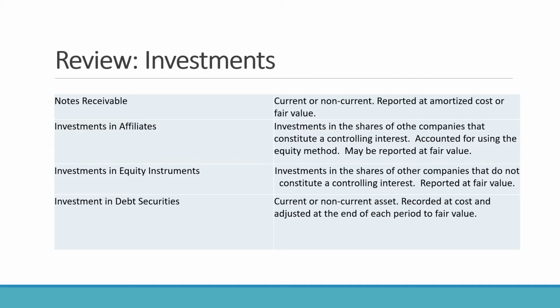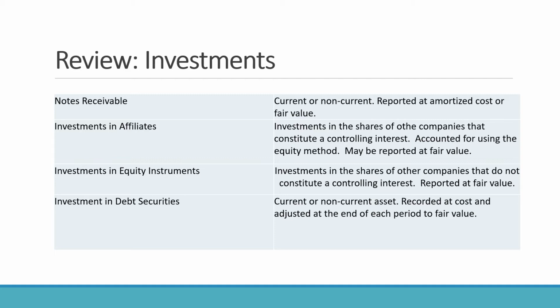In other situations, companies might buy an investment in the shares of another company because they want to cement the relationship with one of the suppliers. They may have an investment in an affiliate or an associate where they have bought a controlling interest in the stock of the other company.